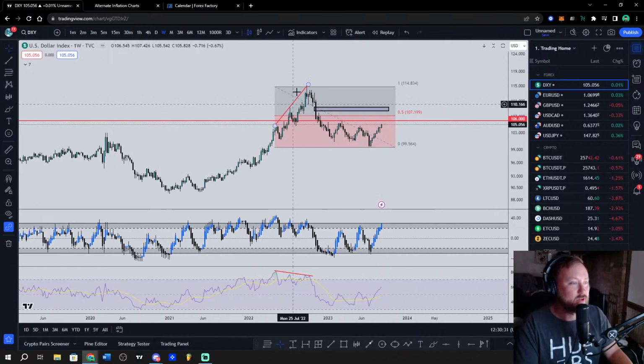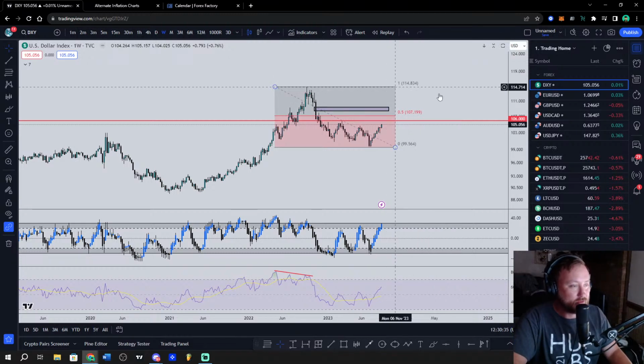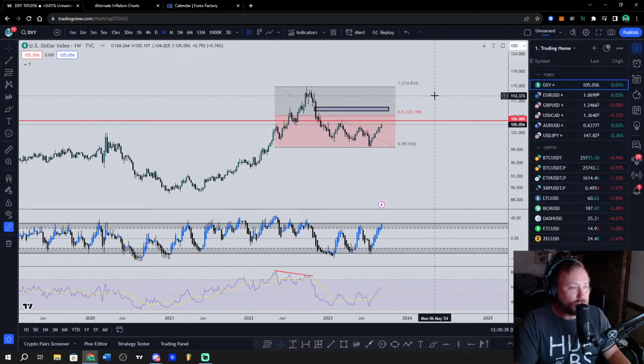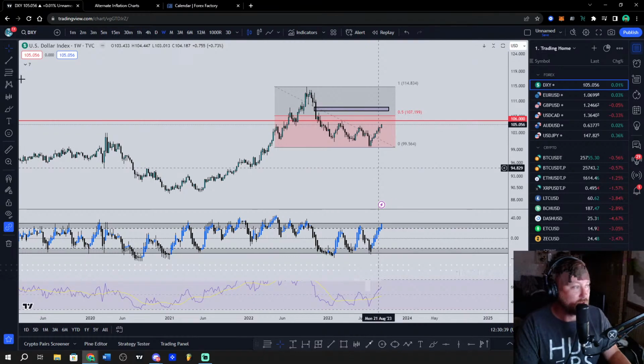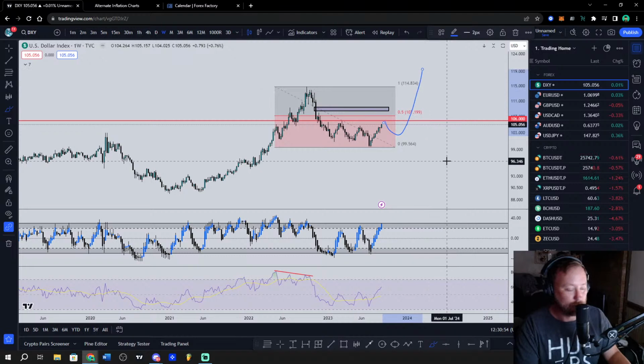That's what I really want to see, but I guess we'll have to wait and see if that's what really happens. But we could see this come up and then come down. Get into assets, risk on assets pump. And then they start to sell, and then boom, there goes the dollar.